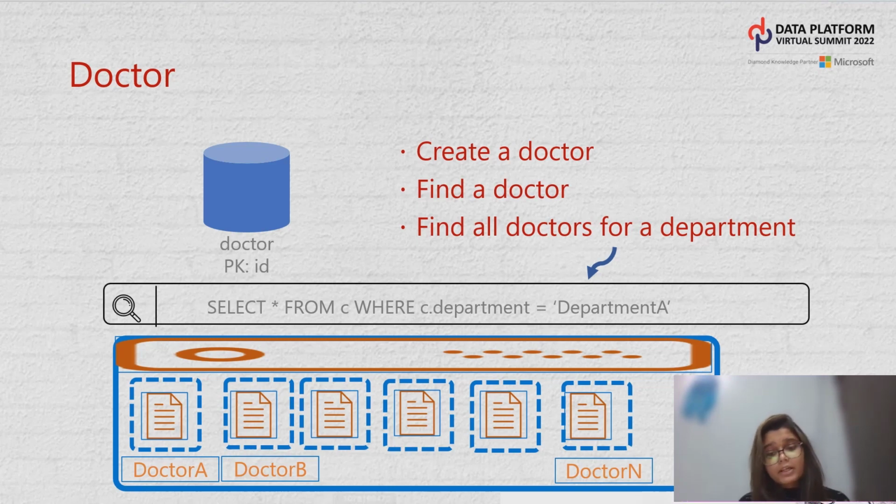So when we query by department, Cosmos DB will go and look at all the logical partitions and filter data by department, but all that data will reside within one physical partition. That means it has to query only one physical machine. So this query will still not consume a lot of our cost, and it is still optimized enough for our use case.